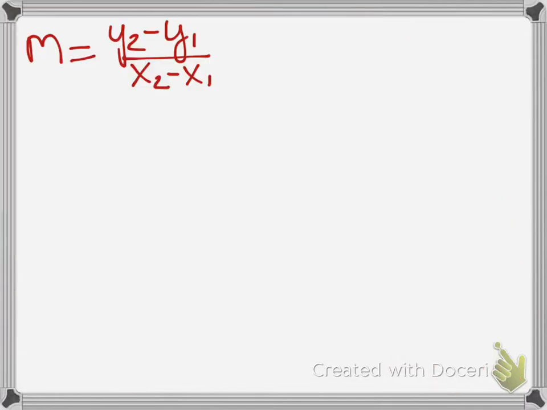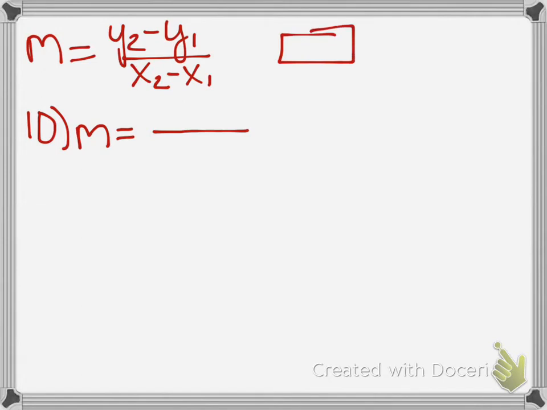Okay, I did not put this formula onto the note sheet. You might want to make sure you have it on there in case you forget. But I want to find the slope of a line that passes through two given points. So on number 10, I told you how to do this on the calculator. Remember, control divide allows you to make the fraction symbol.